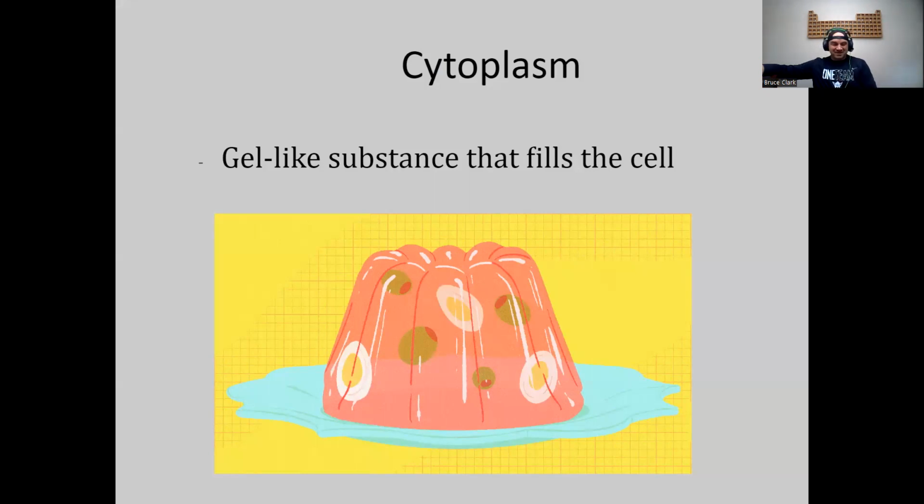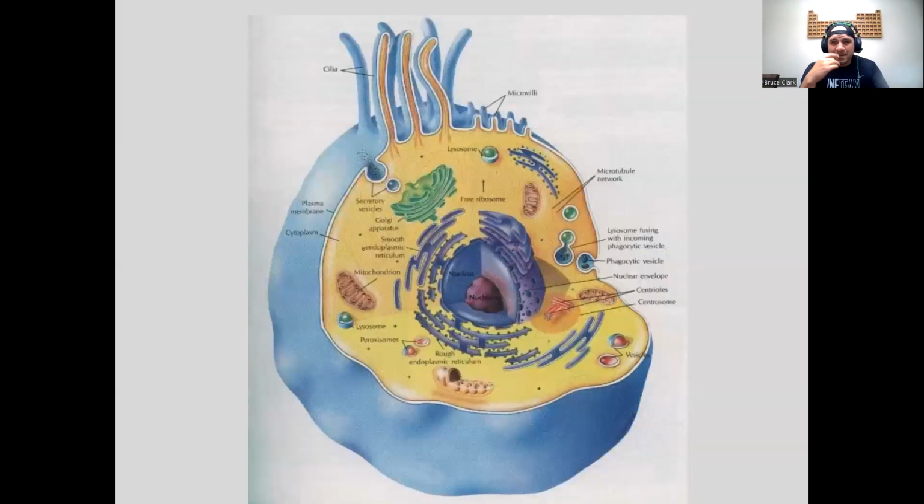I don't know who puts eggs and olives in their Jello, but it's the same kind of concept: you have this gel-like substance that fills your cell, that all of these cell parts are sitting in. It's not water, it's not air, it is cytoplasm in there. And once again, that is indicated by the yellow insides of the cell.